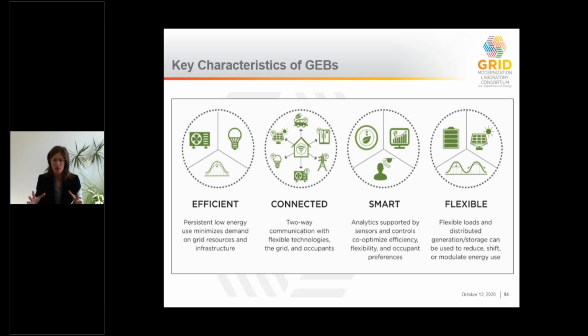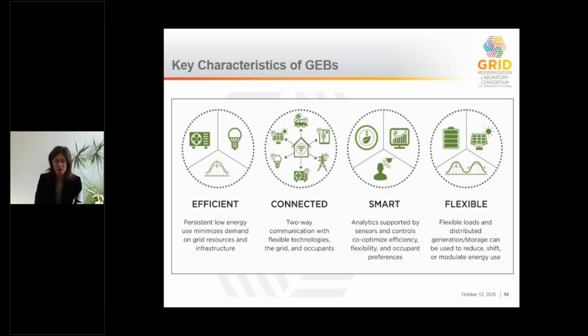So all of this together, paired with some of these distributed energy resources like PV and battery systems, we can really operate our buildings in this more flexible manner, reduce our energy consumption, shed the load, shift it when we need it on an hourly basis throughout a day.